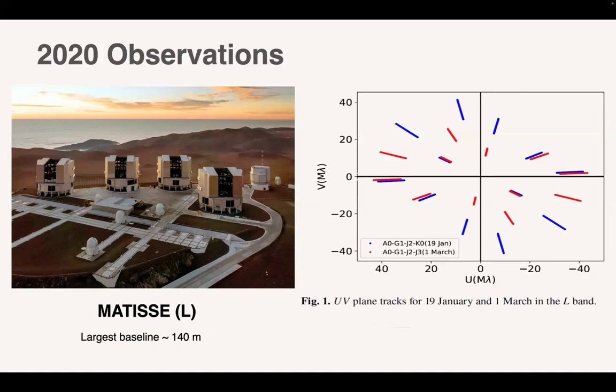Initially we were scheduled to take many observations with an instrument known as Matisse at the VLTI. The VLTI stands for Very Large Telescope Interferometer. If you look at this picture, you see these larger telescopes, known as the unit telescopes, and then these smaller 1.8 meter telescopes, which are the auxiliary telescopes.